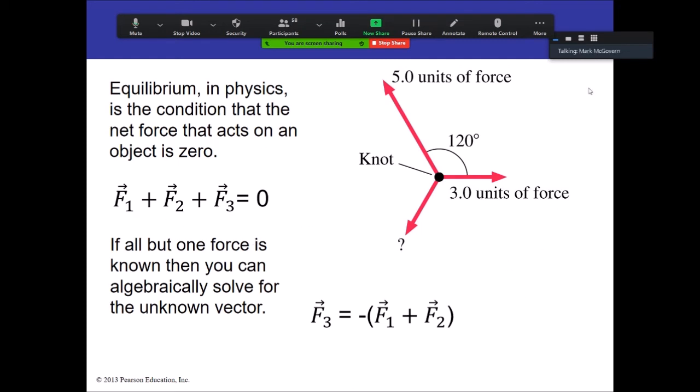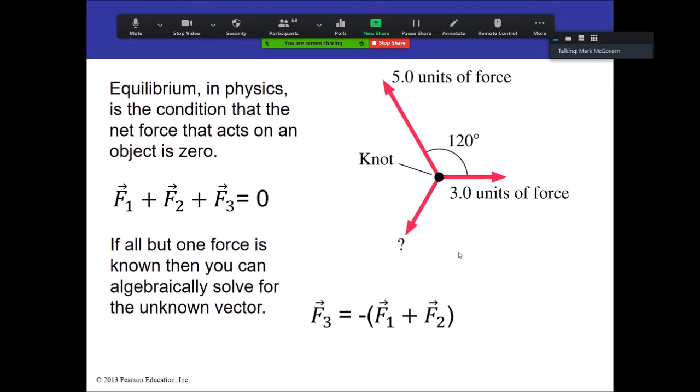If this is supposed to be in equilibrium, then vector 1, vector 2, and vector 3 should all sum to 0. And so you can algebraically manipulate this to find that vector 3 must be the opposite of the sum of 1 and 2. That just comes from the algebra here, which you can just subtract the vectors from both sides of the equation, and so on and so on.